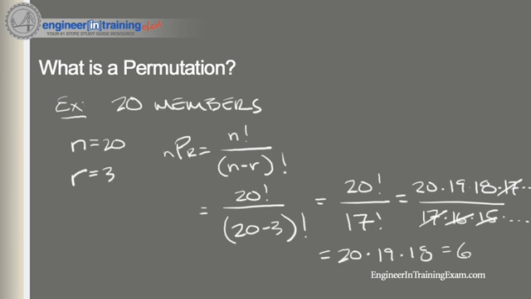And in this case, that equals 6,840. So running the calculations, this tells us that there are 6,840 different ways to select 3 members of the 20-member group for the 3 positions. So that's it, guys. That's all there is to permutations.